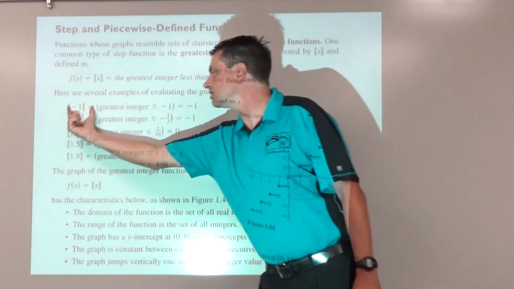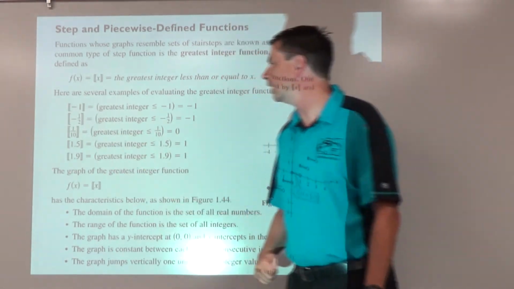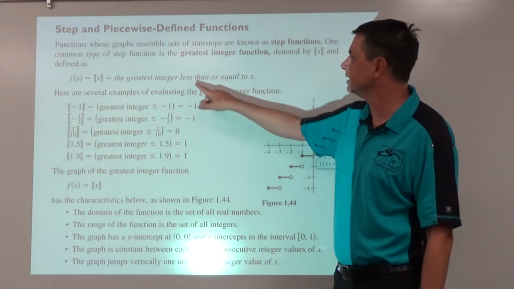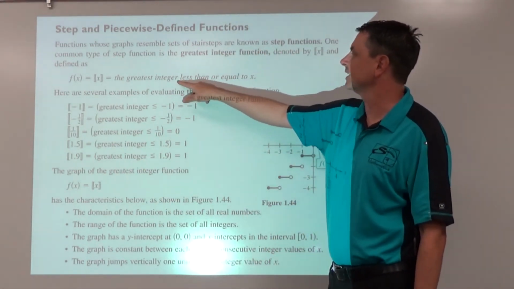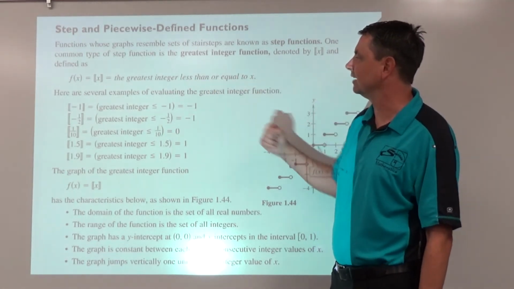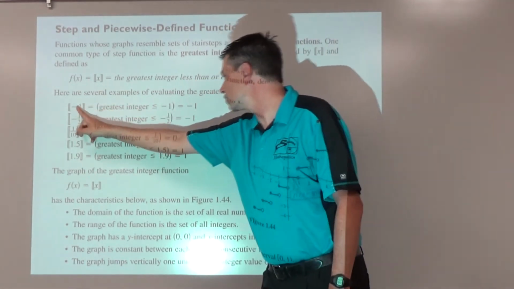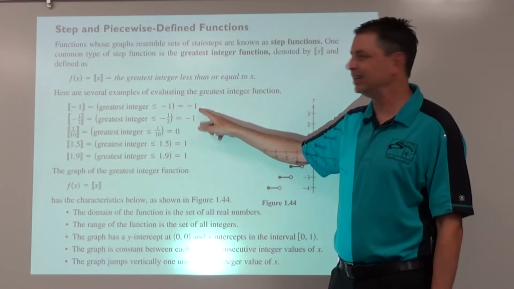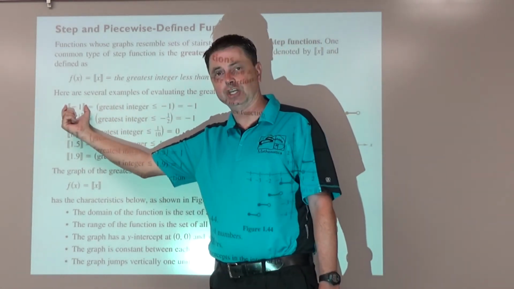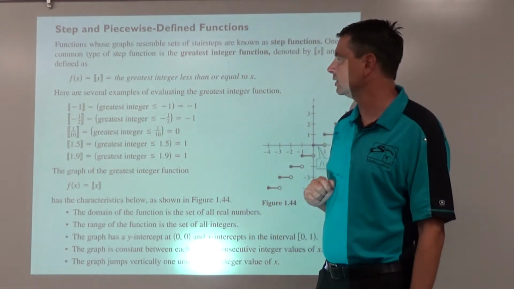So the greatest integer function of -1 is the integer that's closest, that's less than or equal to that value. Well, since that's an integer, that will be the value. So anytime that you're evaluating this at an integer, you will get that value.